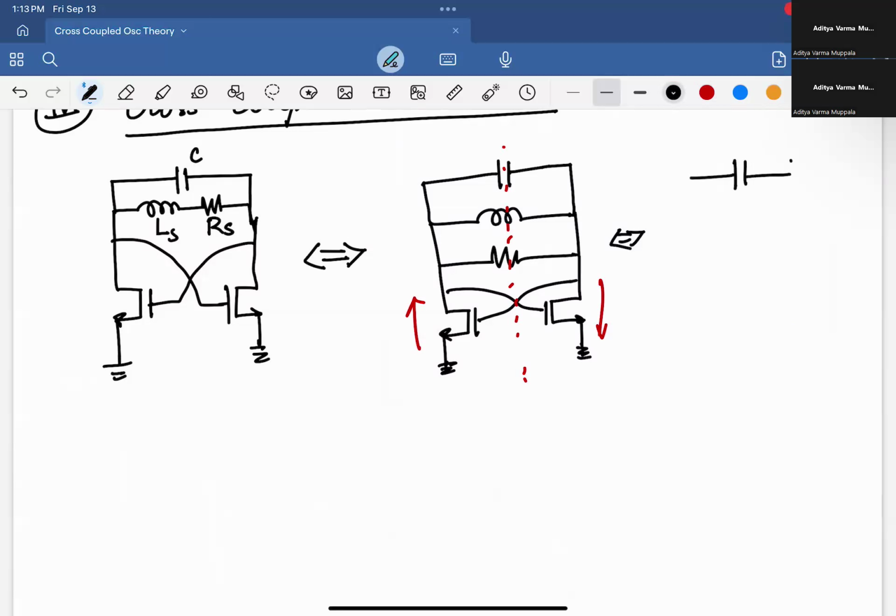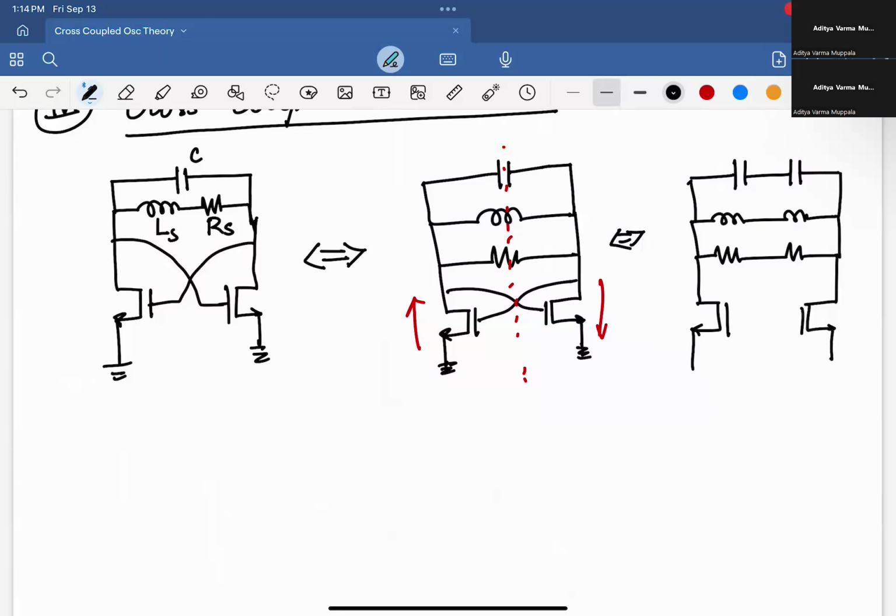So I can say, okay, that capacitance is the same as two series capacitors that are each double the size, right? And then two series inductors that are each half the size, and two series resistors like this. And I have my transistors down here, again, cross coupled like this.